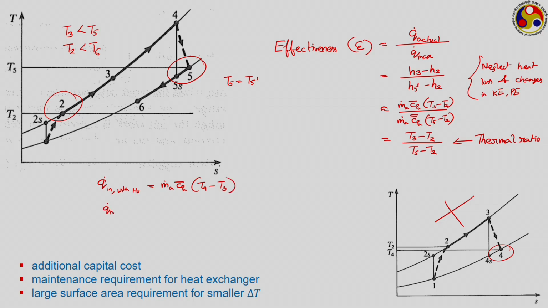Whereas the heat input requirement without the heat exchanger will be equal to m dot air into average Cp of air into T4 minus T2. T3 being significantly greater than T2, we can definitely have this term be greater than the other term, and therefore the effect of regeneration is to cause a reduction in the total energy requirement in the combustion chamber, and accordingly we have an increase in the thermal efficiency.